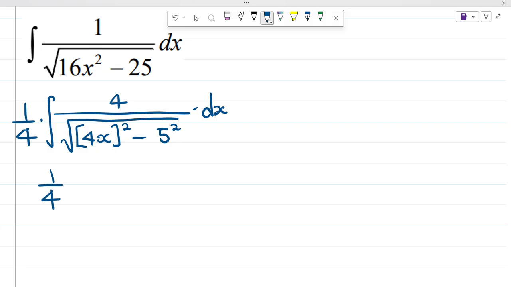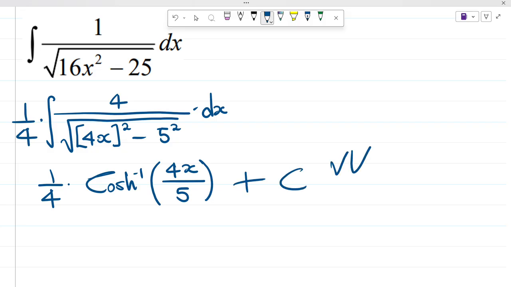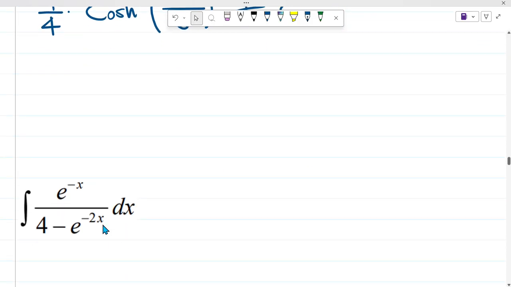So I'm going to have 1 over 4 multiplied by hyperbolic cos inverse of f of x, my f of x being 4x and my a being 5, plus c. Ta-da! You have your answer. So that's just it for that question. There wasn't much to be done there. Yeah, this is it. I hope you got it as well. It was really an easy one.